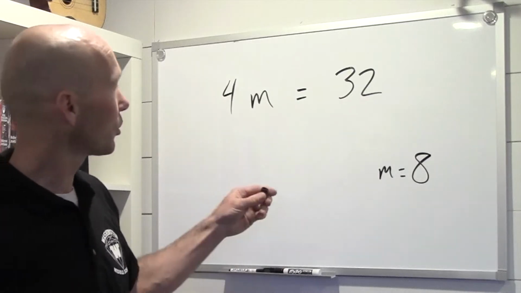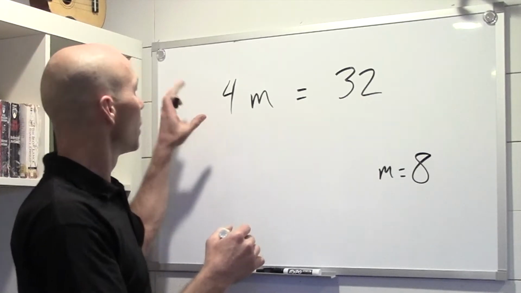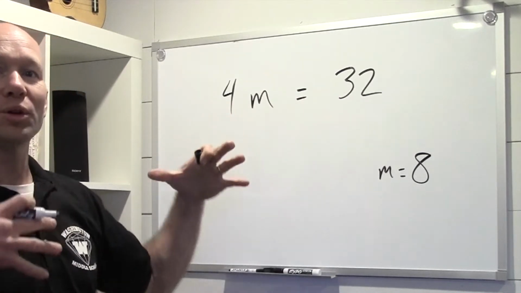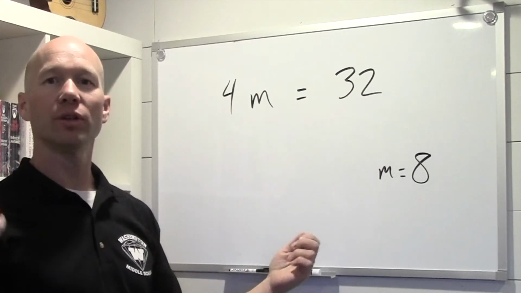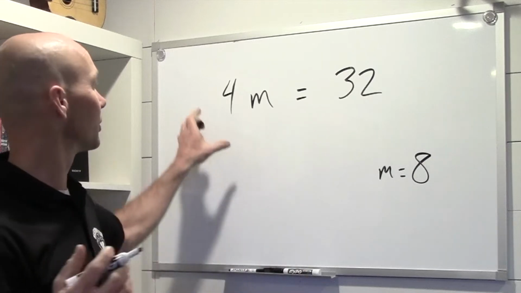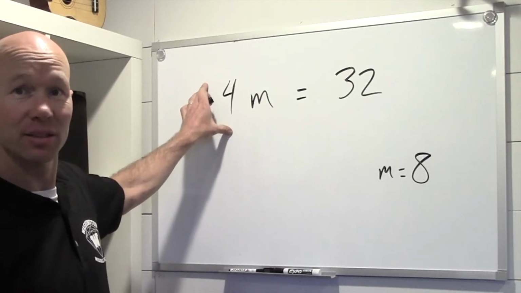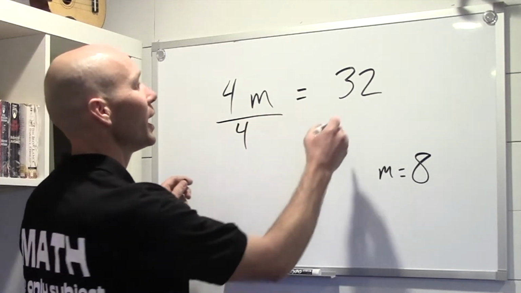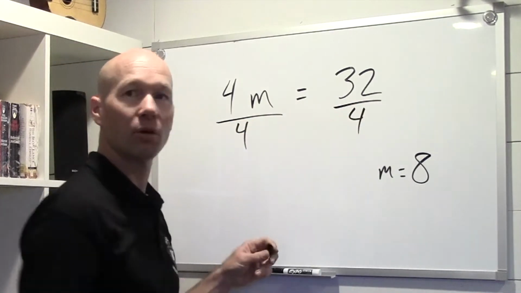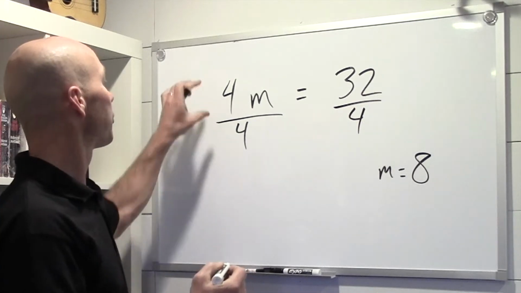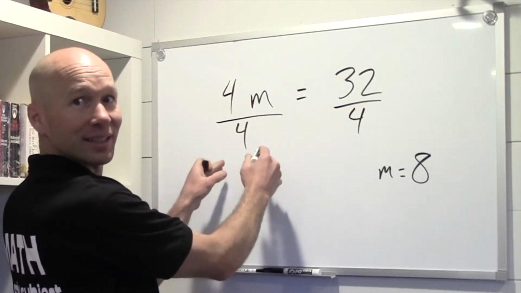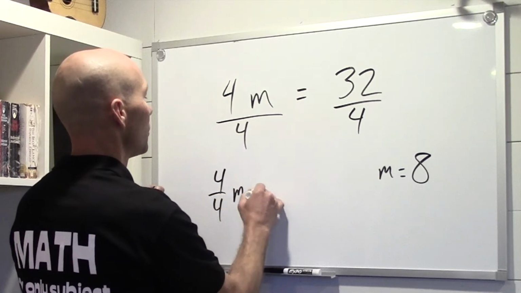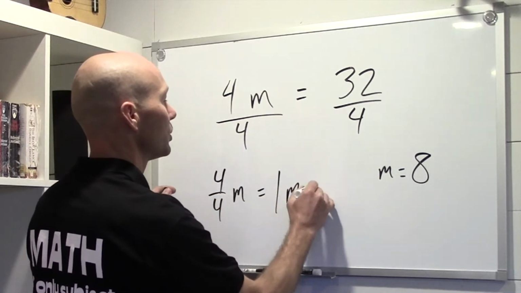If you did not work with me here, then what are we going to do? We're multiplying 4 times m equals 32. So we are going to do the inverse operation, the opposite operation. The opposite of multiplication is division. We're going to divide 4m by 4 and 32 by 4. A multiple of 4 divided by 4 is 4 over 4m, which equals 1m, which equals m.